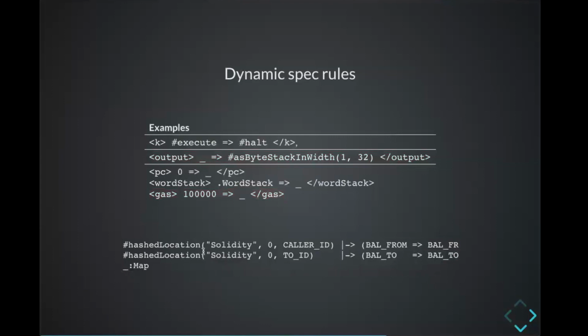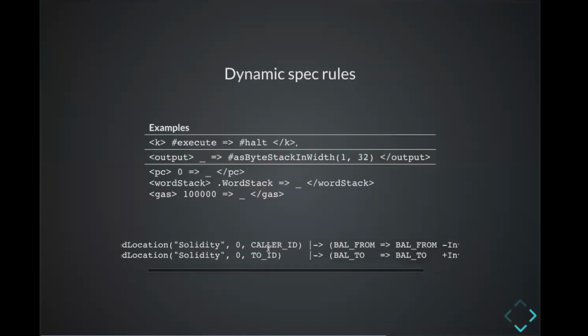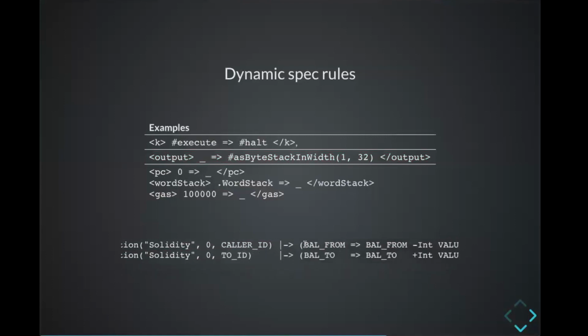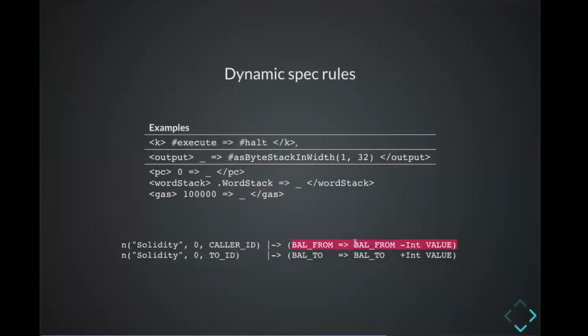And here we're going to say the hashed location, the storage slot for this particular variable should, and here's the precondition, right? So here's a map. This is a map, so it maps the storage slot to some value, and inside the value, we see a spec rule, right? A pre and post condition separation.